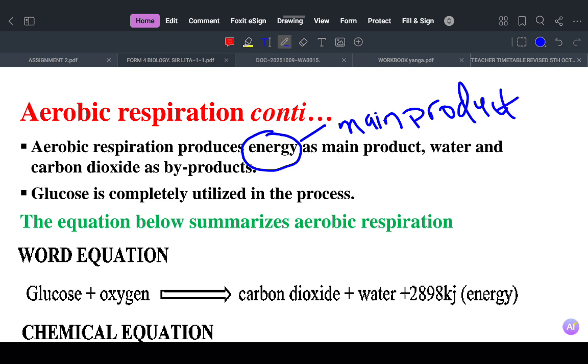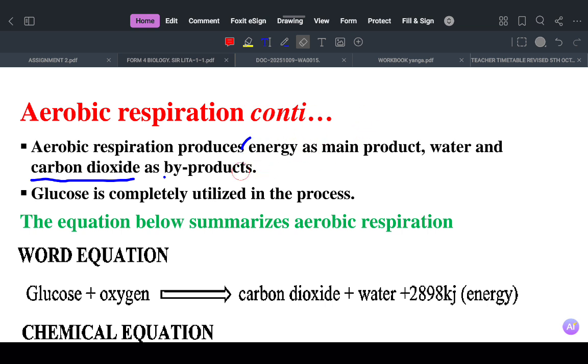The most useful product of this process is energy. But alongside energy, the process also produces water and carbon dioxide as byproducts. All right, so the main product of aerobic respiration is energy, while water and carbon dioxide are byproducts. These are also called wastes. So these are the wastes that are generated in the process of aerobic respiration.